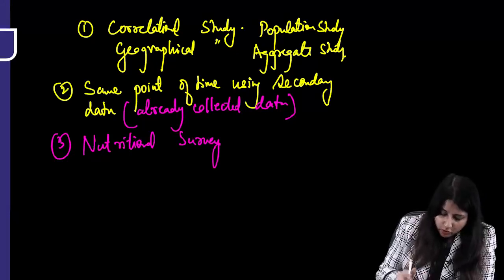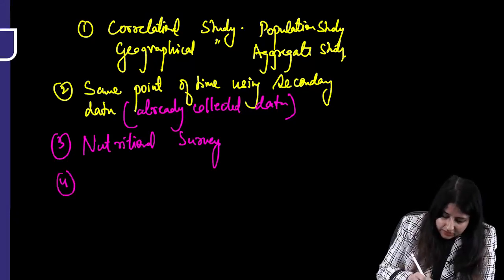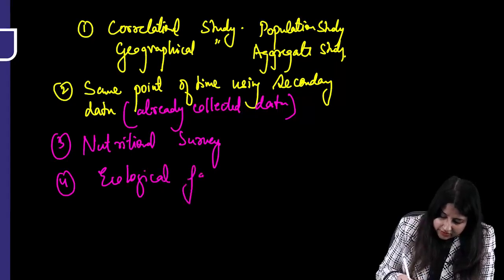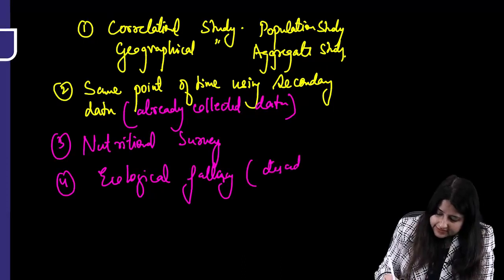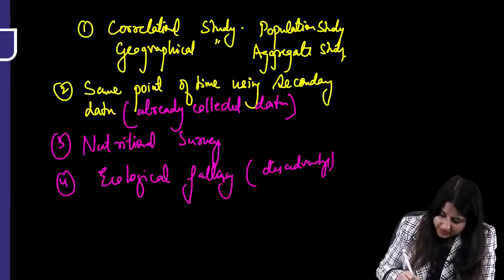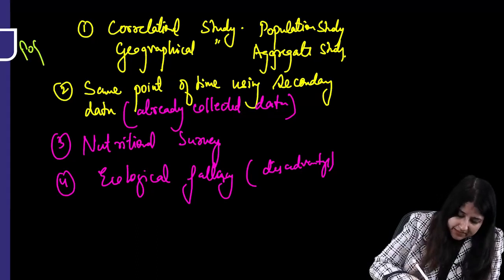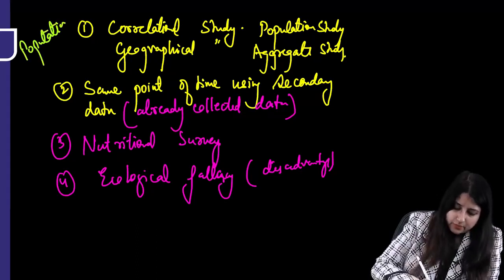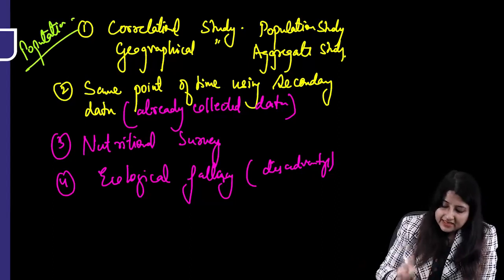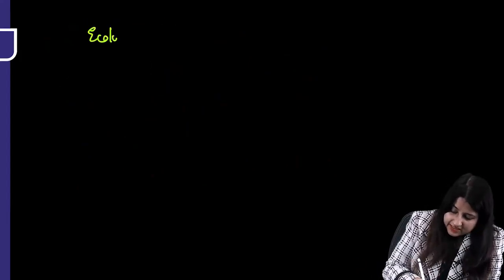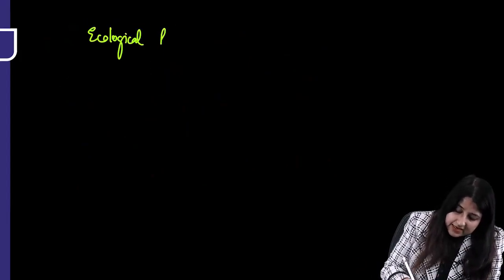But the biggest problem with this is the ecological fallacy, which is the disadvantage. And what is my unit of study? Population. Unit of study is population. Now, what do you mean by ecological fallacy? Sometimes they can give you that as a question.